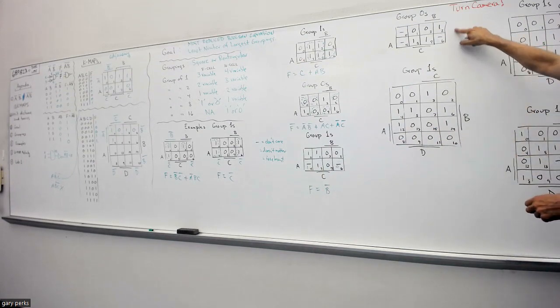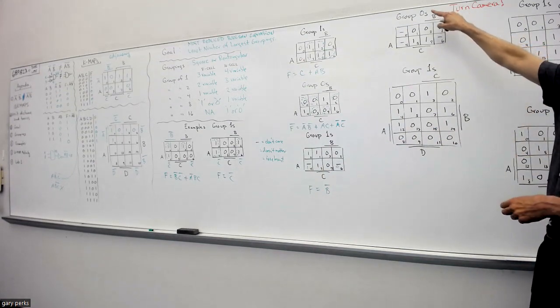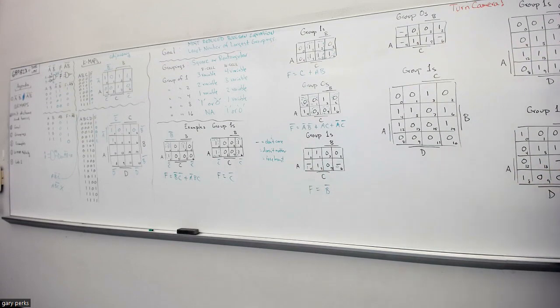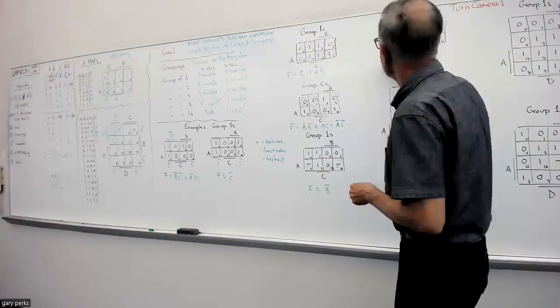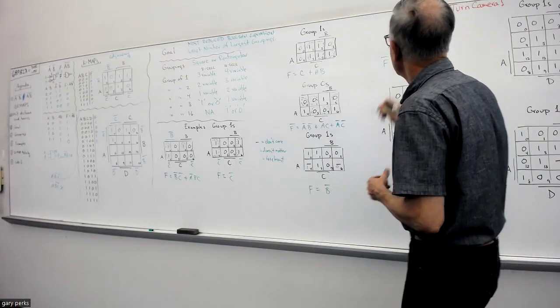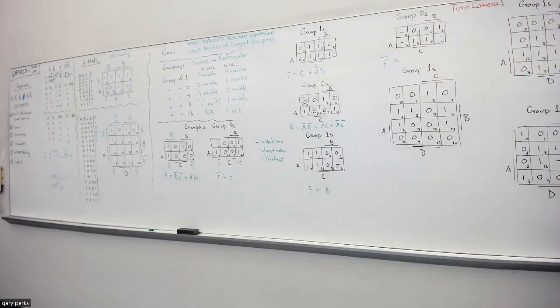All right, we've got another example with some don't cares, and here we're grouping zeros. Okay, so again, when you group zeros, you're going to get SOP for A-not, the reduced expression, SOP for A-not. So what would you make those don't cares equal to? We're grouping zeros.